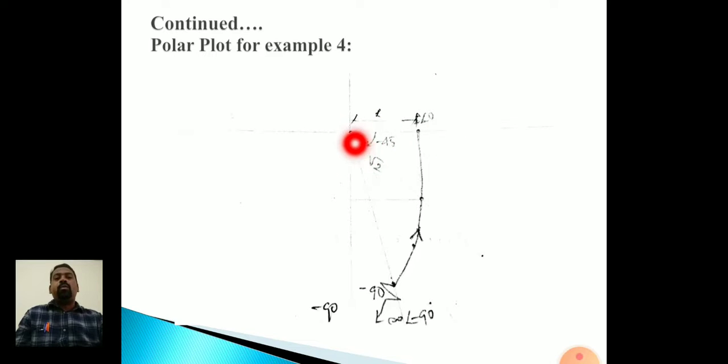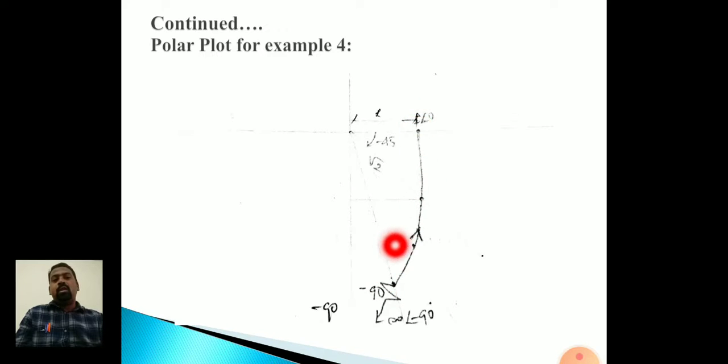In between, as omega tends to 1, m omega is root 2, that is 1.414, and the angle is minus 45 degrees. By taking all these points, first, second and third, you can get n number of points in between the first and last point. This is the minus 45 degree line. Similarly, this is another curve to get the smooth polar plot.